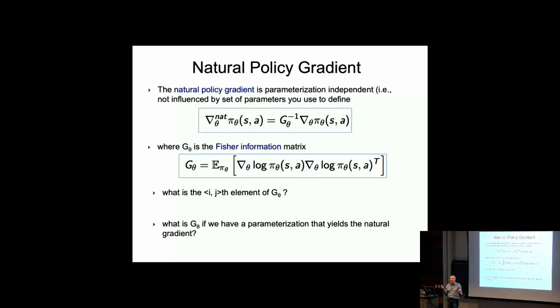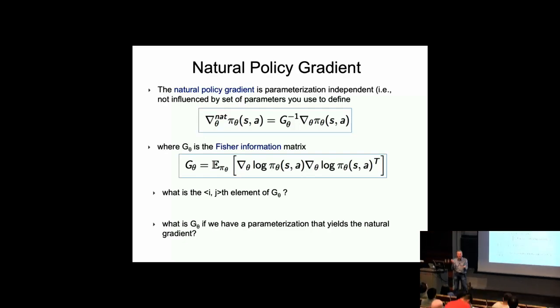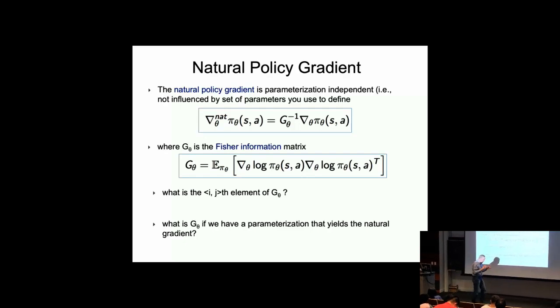So all of the derivatives of log pi with respect to parameter i and parameter j are uncorrelated. Those are all zeros in the G matrix. So this is the idea of a natural gradient.